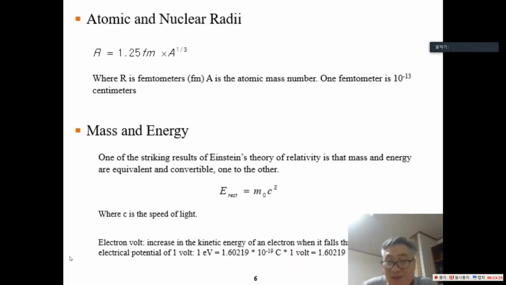So 1.6 times 10 to the minus 19 joule is 1 electron volt. In nuclear engineering, we use the electron volt more for measuring energy at the atomic level.